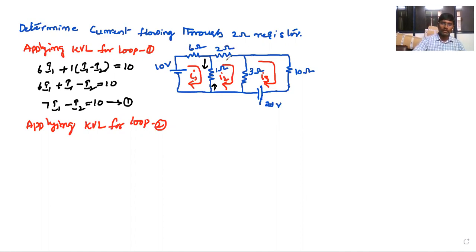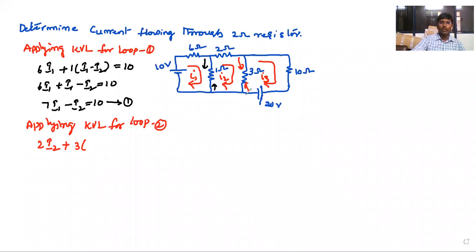If you take the first element, 2 ohm, the current flowing through 2 ohm is I2 only. So that gives 2 into I2, plus 3 into the current flowing through 3 ohm. I2 is flowing downwards, whereas I3 is flowing upwards.